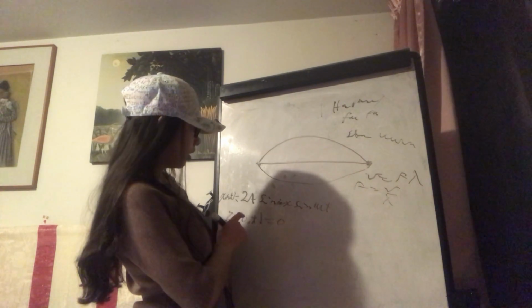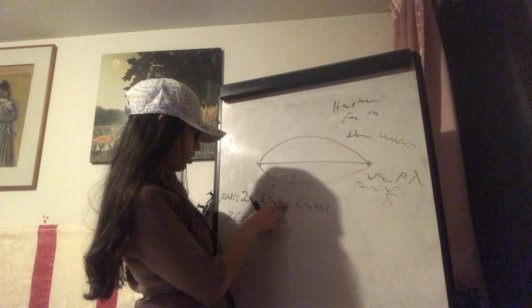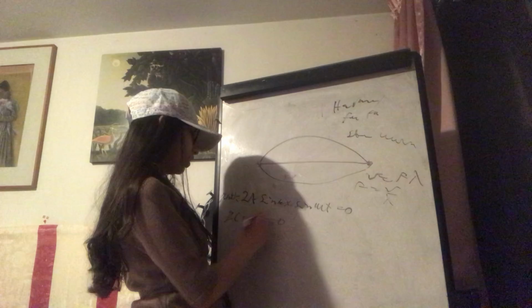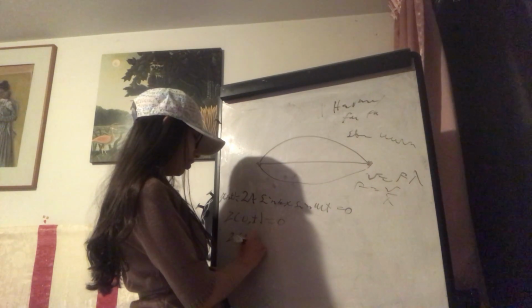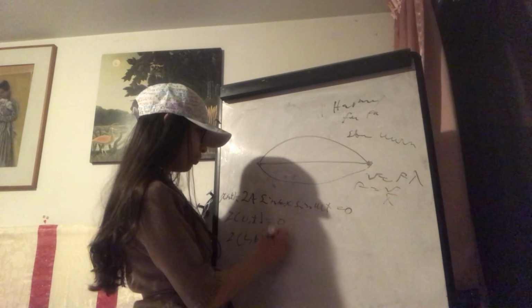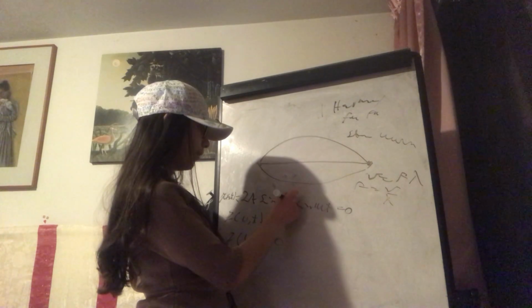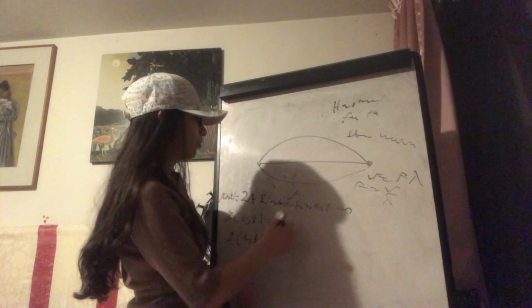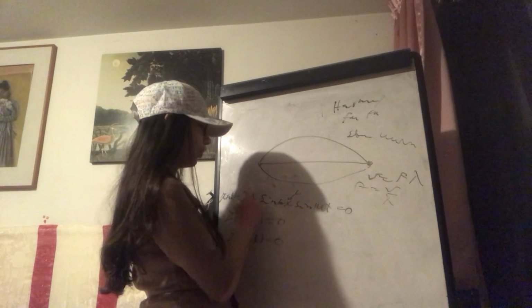That is true because when x is 0, all this is equal to 0. And the other is y(L,t) equal to 0. So when x takes the value of the length of the string, all this will be 0.